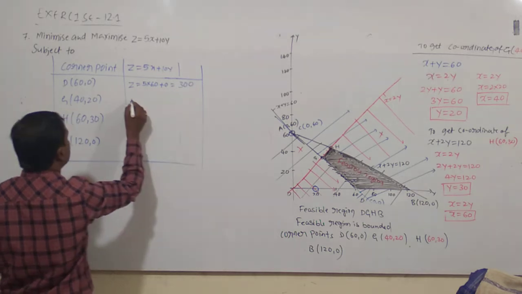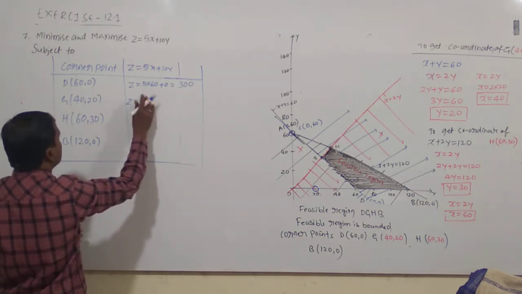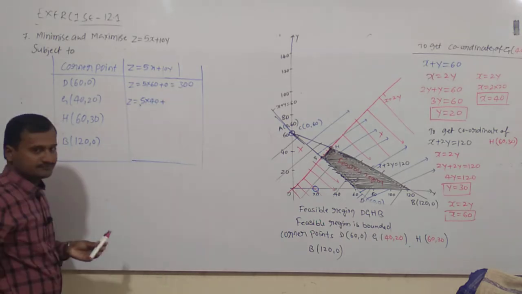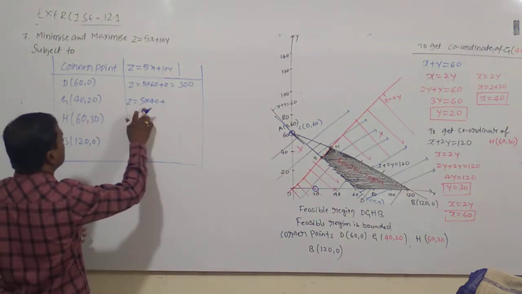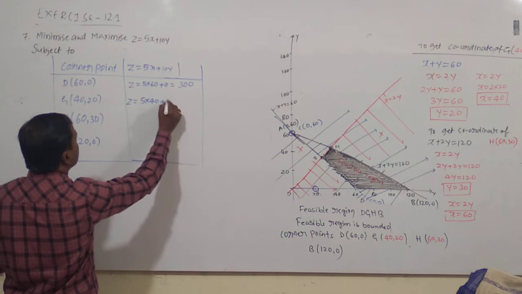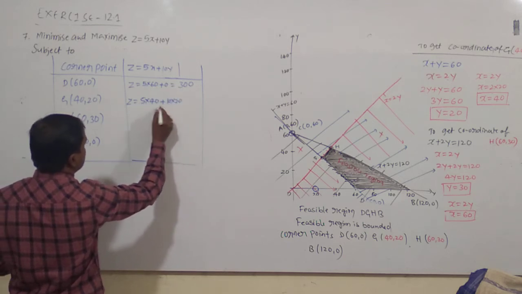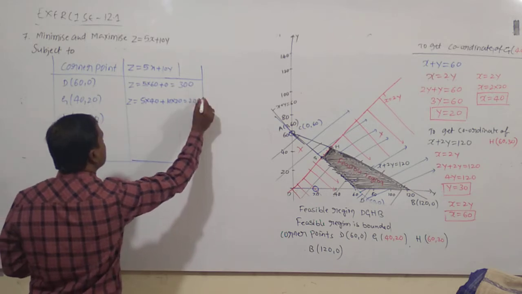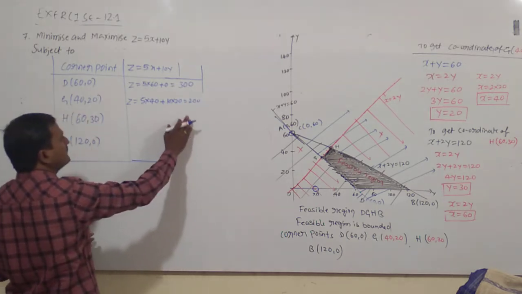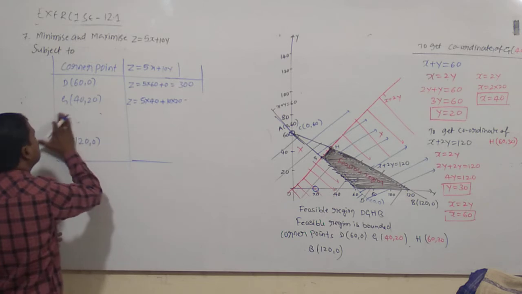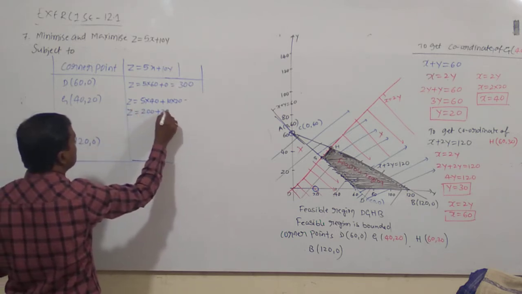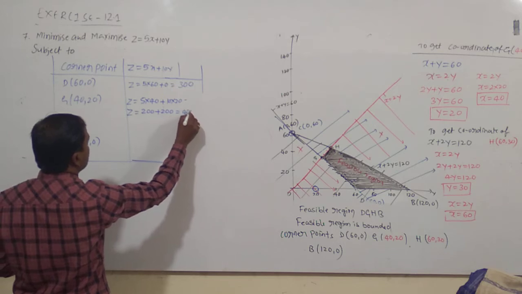Okay, so again z is equal to 5 into 40 plus 10 into 20. So this is 200. Okay, plus, here write z is equal to 200 plus 200. So clearly it is 400.